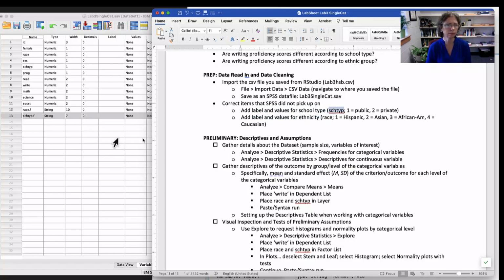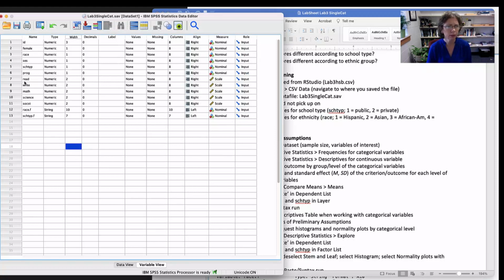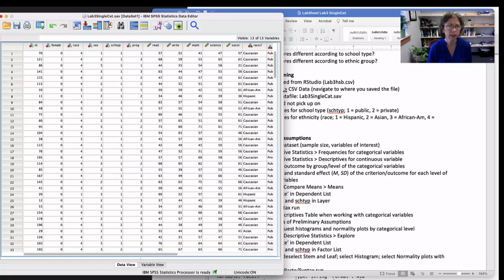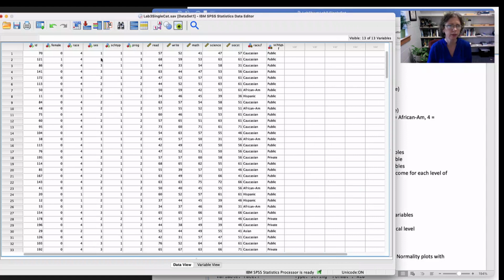Looking at our race variable here, the one we made with labels like Caucasian, African American, we need to use that to help us see that we are on the right track with this variable, that Caucasian is 4, or that public is 1.